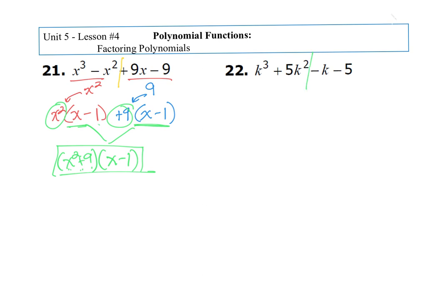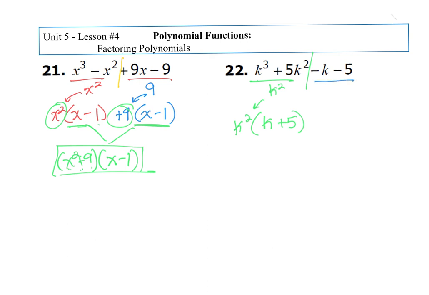Cut it in half. Looking at k cubed and plus 5k squared, the most they can both give is a k squared. K cubed, take out a k squared, is 1k. 5k squared divided by k squared is just a positive 5. Wrap it up, k squared on the outside. My second group is negative k minus 5.